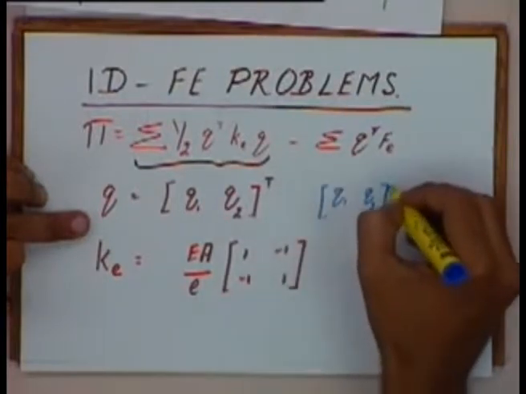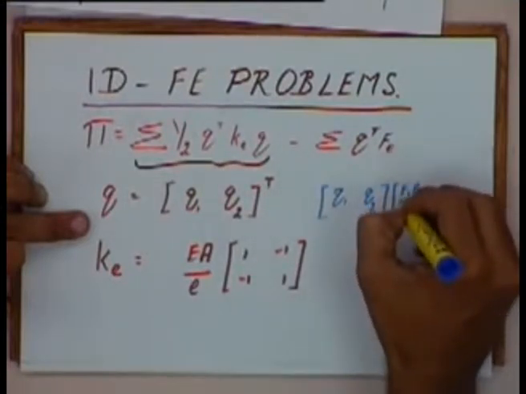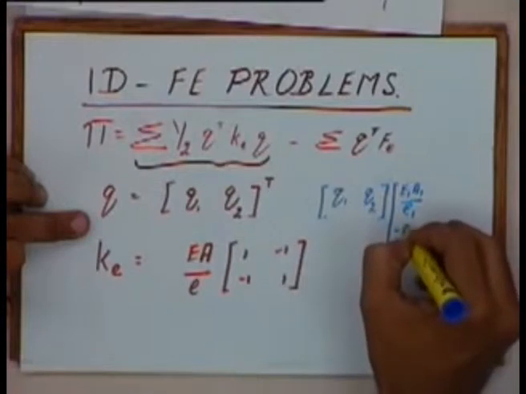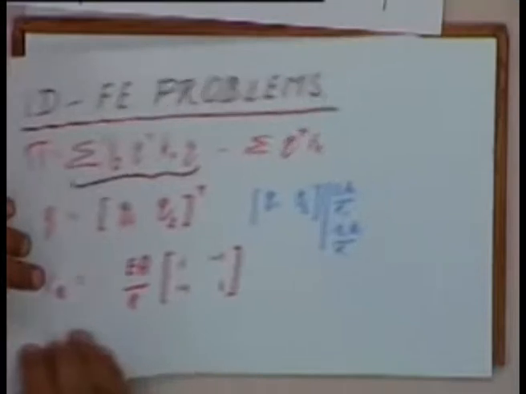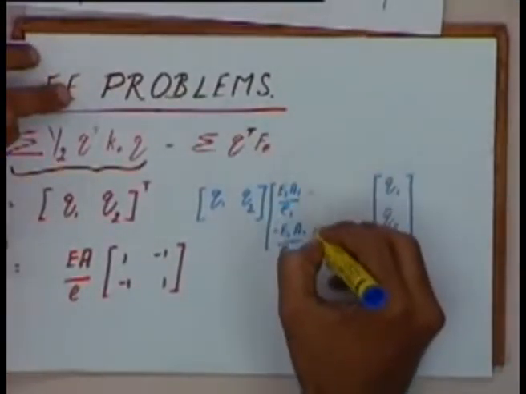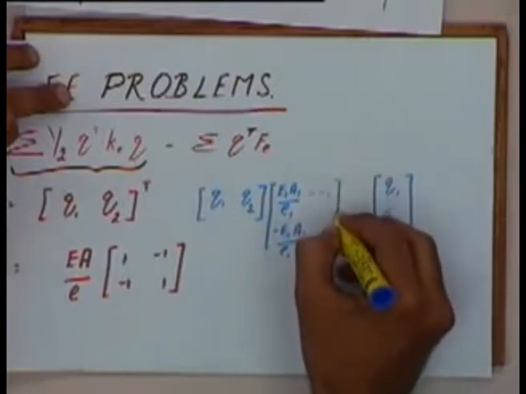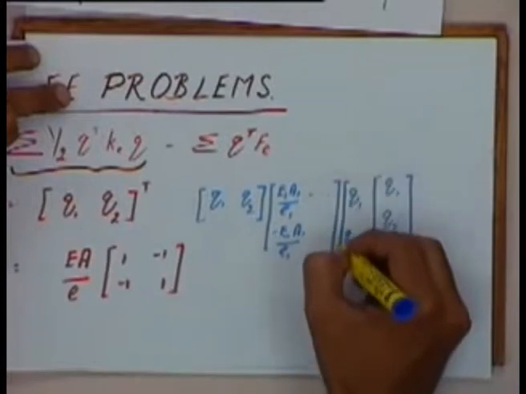Q1 Q2 would be multiplied by E1 A1 by L1, minus E1 A1 by L1, and we have another couple of terms over here, and this will be multiplied by Q1 Q2 as a column vector.